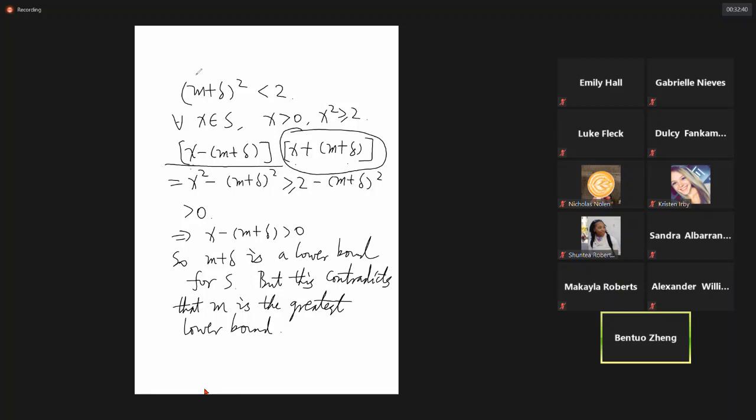So until now, we showed m is greater than or equal to 2. Since m squared is greater than or equal to 2 and m squared is less than or equal to 2, we claim m squared is equal to 2. So you can see the greatest lower bound for set S is indeed what we want to prove. That is the real number which satisfies the square is equal to 2.